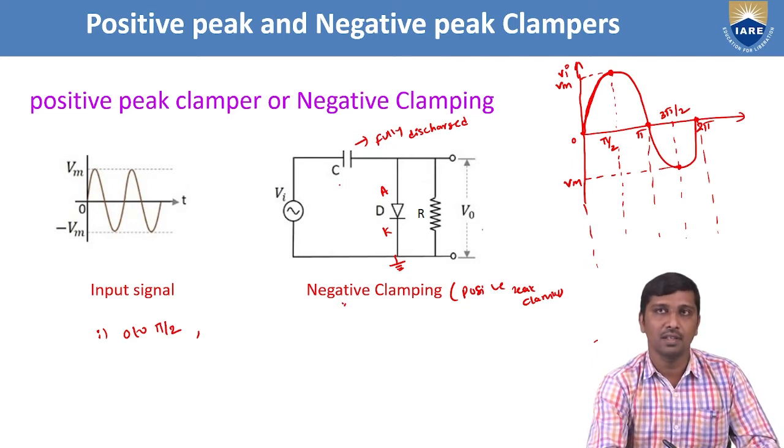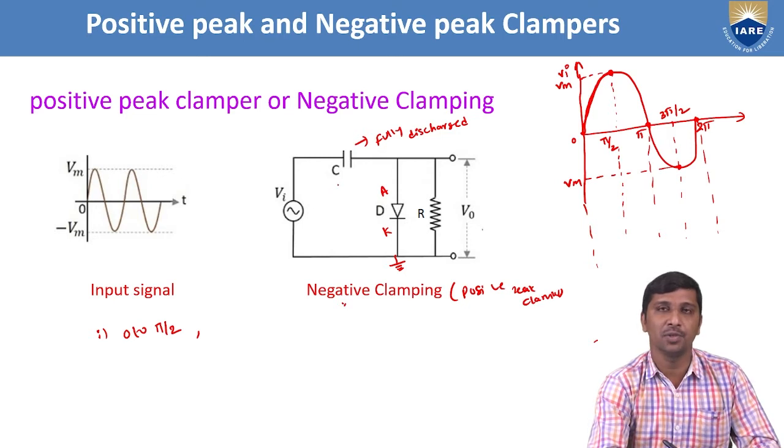So whenever the input signal is changing from 0 to Vm voltage, the capacitor is also charging towards the maximum voltage. From this representation, the maximum voltage is Vm. Hence the capacitor is charged towards the Vm voltage.